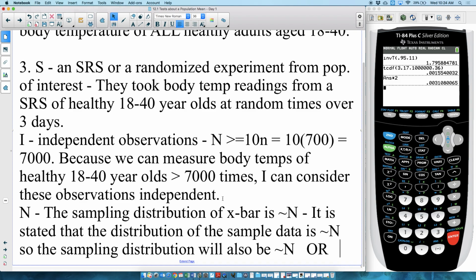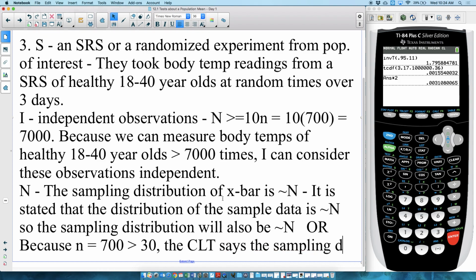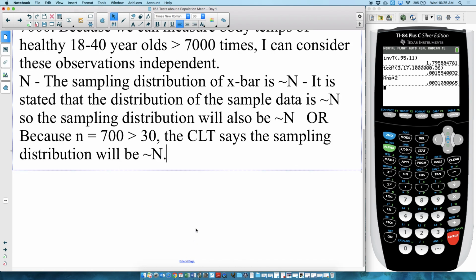Or because n, which equals 700, is greater than 30, the central limit theorem, CLT, says the sampling distribution will be approximately normal. Either one. You don't have to write both. You just pick one, whichever one you want.